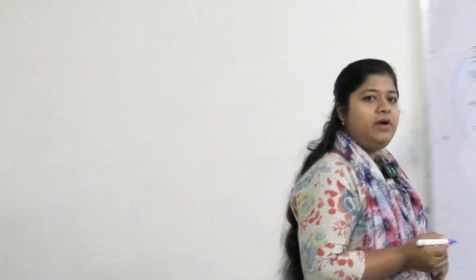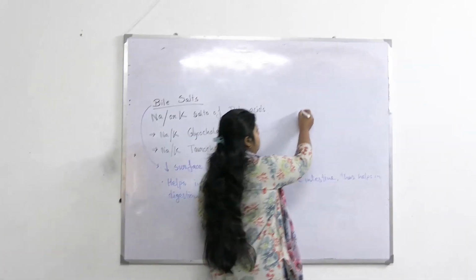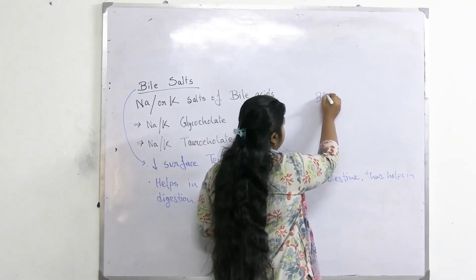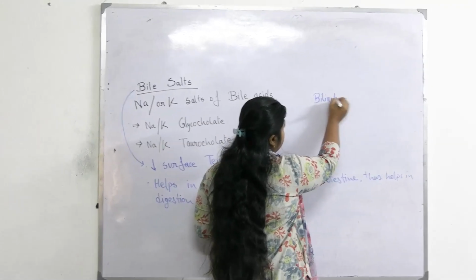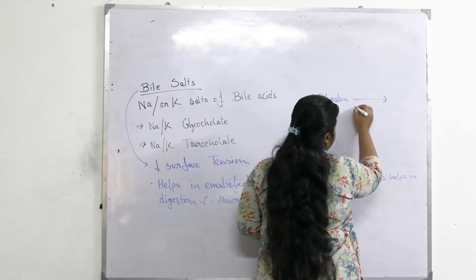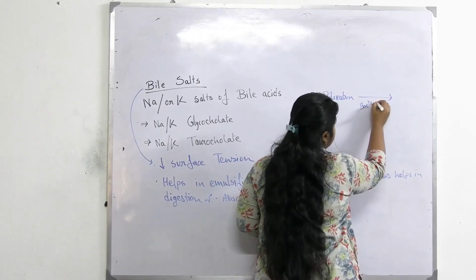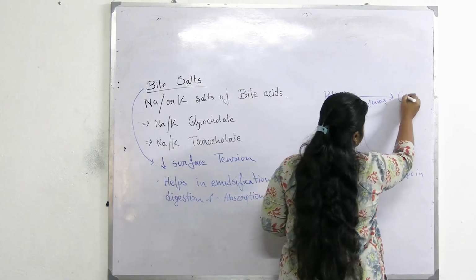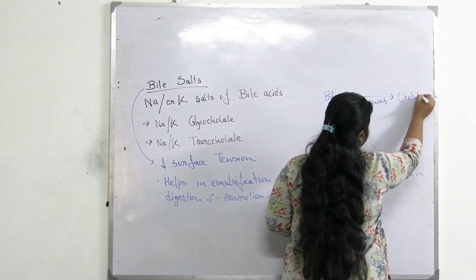Urobilinogen. Urobilinogen is derived from bilirubin in our gut. In our gut, bilirubin, when acted upon by bacteria, produces urobilinogen.